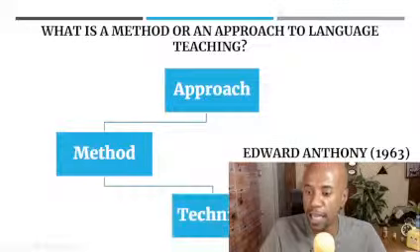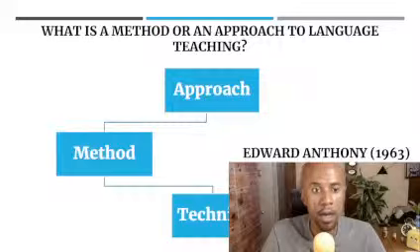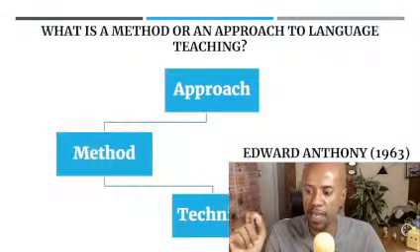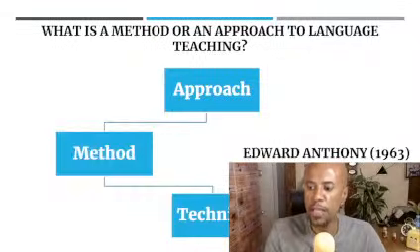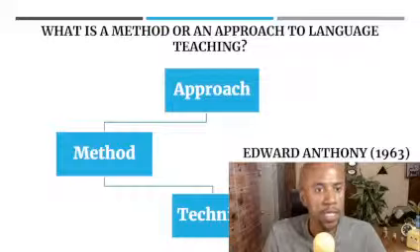All of these were delineated or distinguished by Edward Anthony in 1963. So a technique, according to Anthony's system, is a specific classroom activity. It thus represents the most specific and concrete of the three concepts we talked about, that is the approach, the method, and the technique.